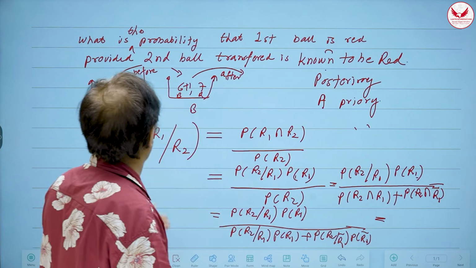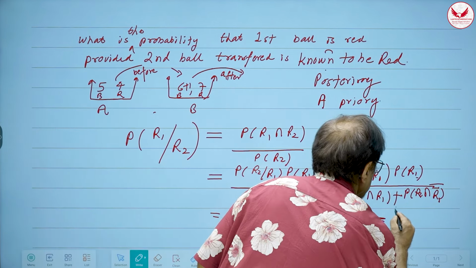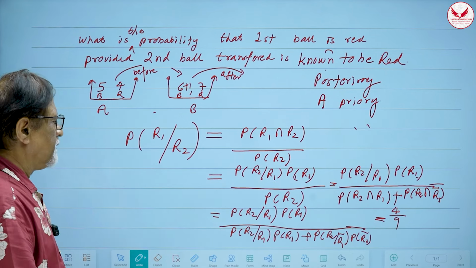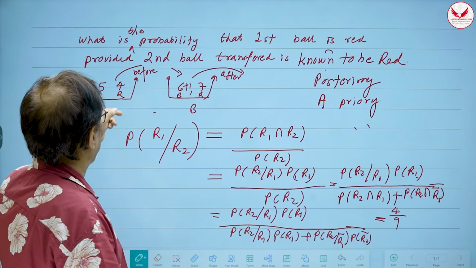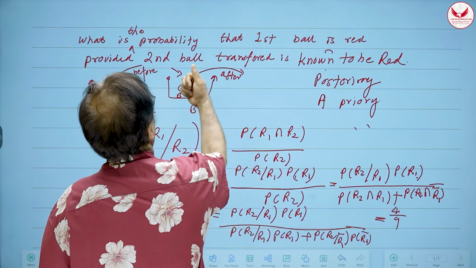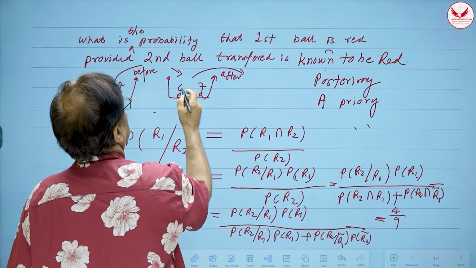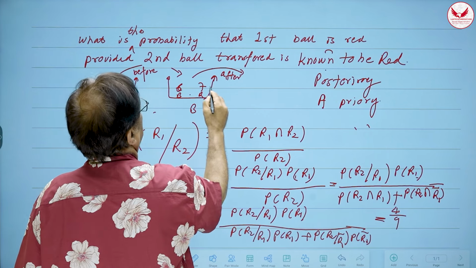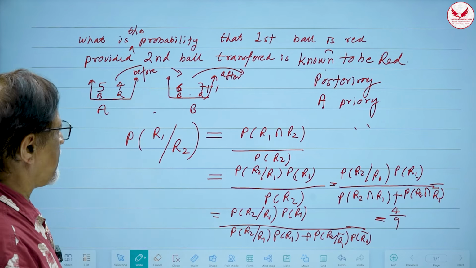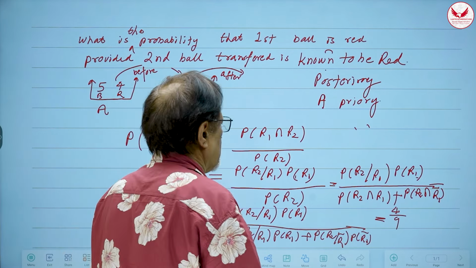What is the probability that the first ball is red? Simple, 4 by 9. There are 4 red and total number of balls 9. Now the red ball is transferred here, that means the number of red balls here has become 7 plus 1, so there are 8 red balls now, and 14 total balls.